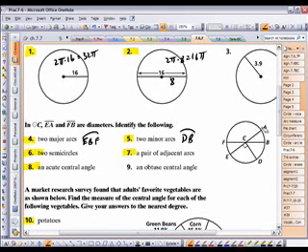Semicircle, well, AE is a diameter, so we'll just say ADE to indicate that we mean this side rather than this side over here. Adjacent arcs are arcs next to each other, so that would be something like FE and EBA. Those two are adjacent. And an acute central angle, you could say angle BCD.